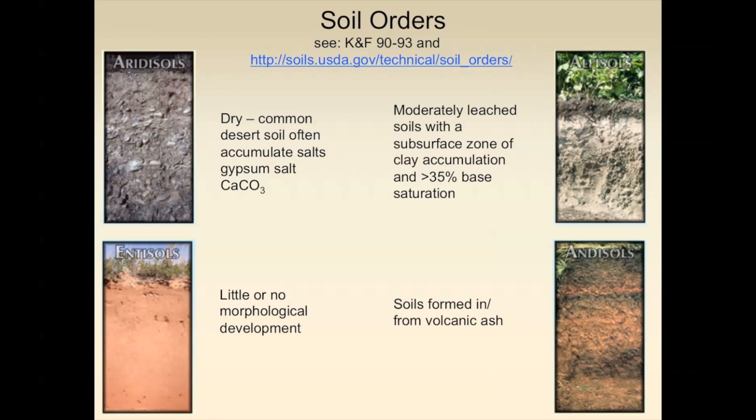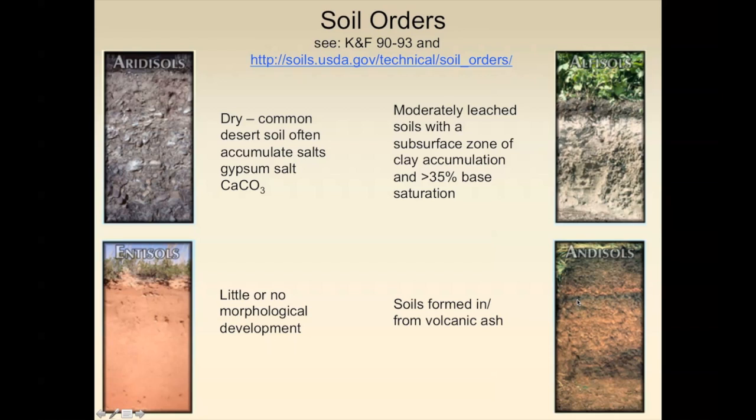Entisols, you will see that there's very little morphological development on these, and it's very difficult to distinguish from one soil horizon to the other. Andisols are soils that are specifically formed from volcanic ash.